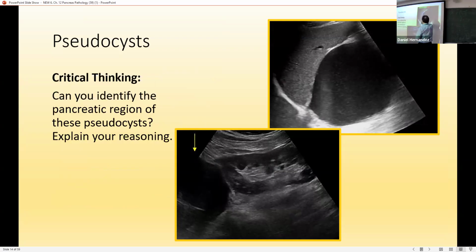This is an image, sagittal spleen now. We're seeing a large cystic structure up by the spleen. This is a large cystic structure over by the left kidney now, in that left pararenal space, typically going out more towards the left side.